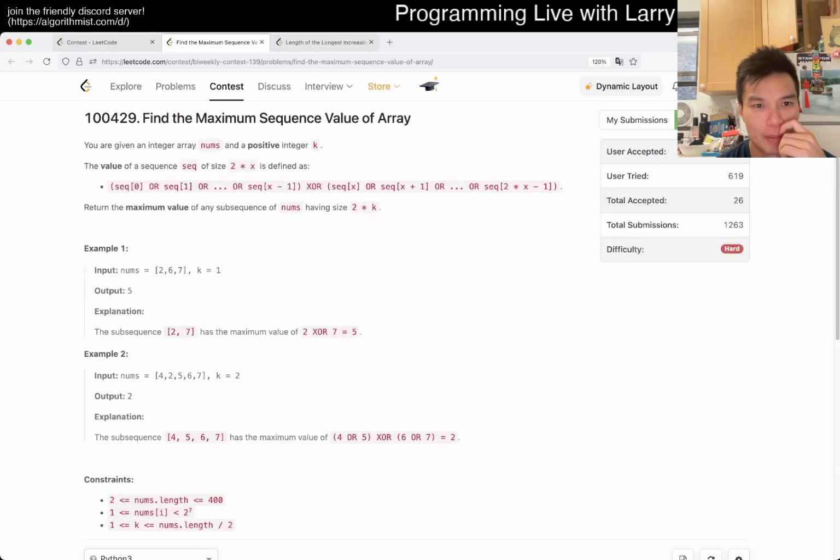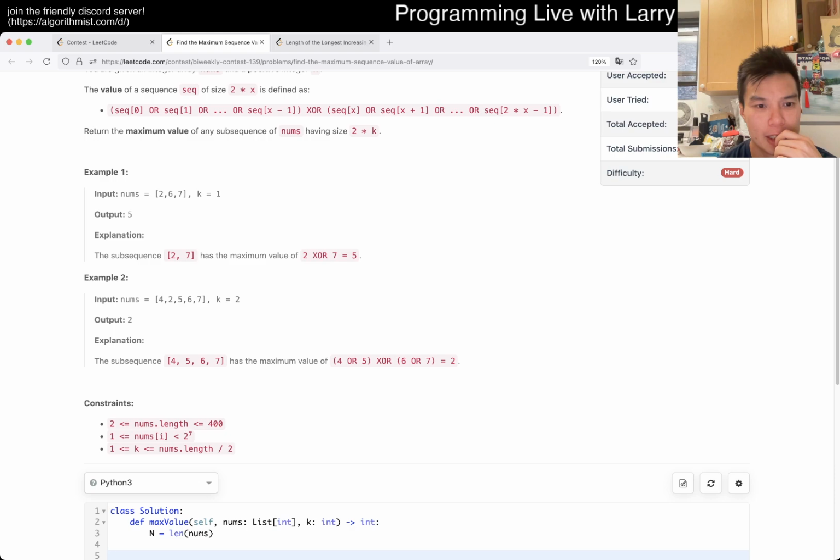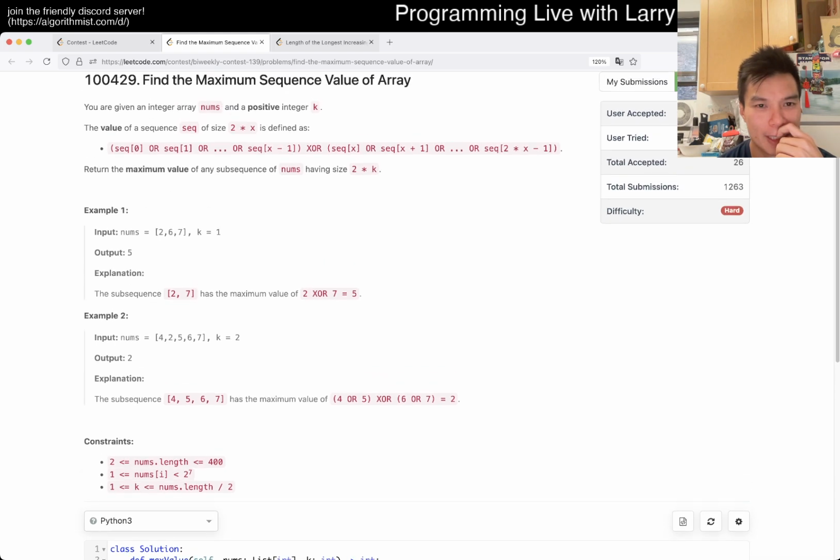I can't sort because it has to be half, so the ordering matters. Is it case analysis?